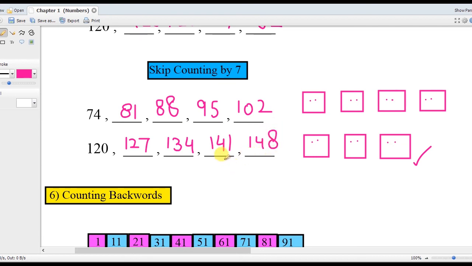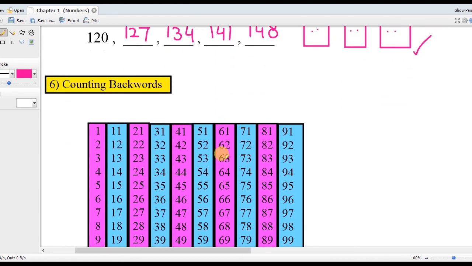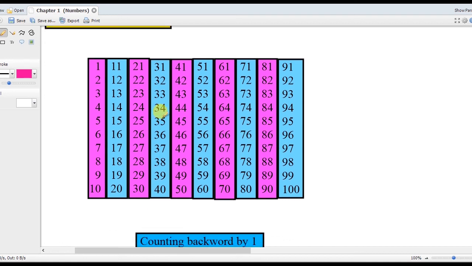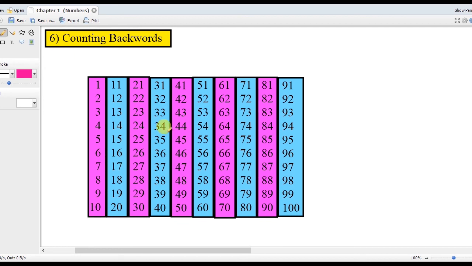Okay, moving on to the next topic, which is counting backwards. So see, are you familiar with this chart? We learned these numbers in the beginning of our session, the counting numbers, in the first topic. In the previous section, we learned how to count these numbers in increasing order: 1, 2, 3, 4, 5, and so on.